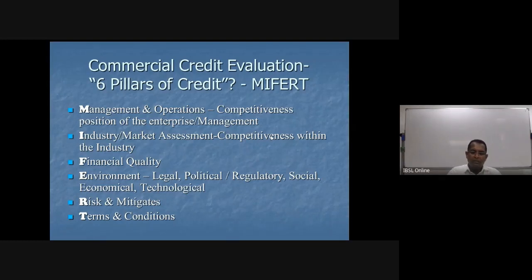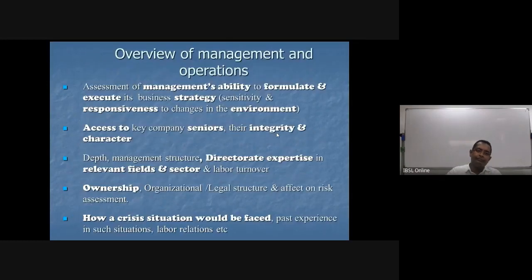competitiveness of the management, management ability to formulate and execute the strategy, responsiveness to the environment. Because in management decisions, you need to have qualified people as well as experienced people.